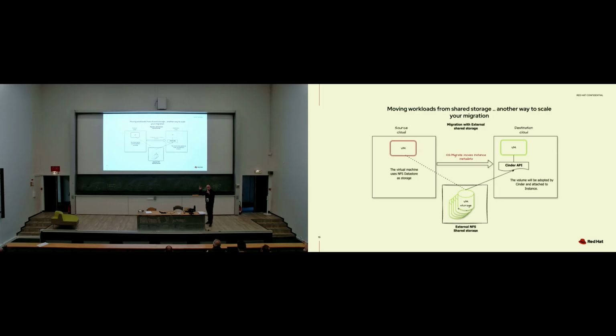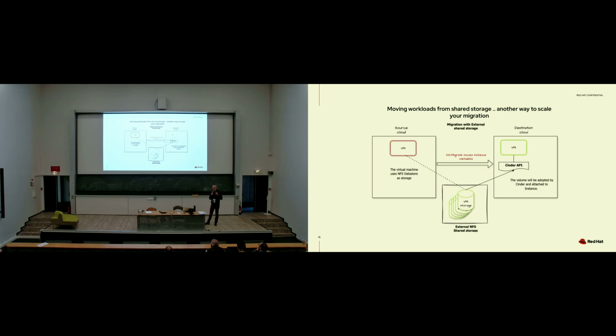We also worked on a specific feature that allows you to move very huge workloads. We support connecting one NFS server, for example, as a datastore into the vCenter, and another one connected to OpenStack, and then there is no data sync. There is just the conversion, because we can adopt those volumes into Cinder.